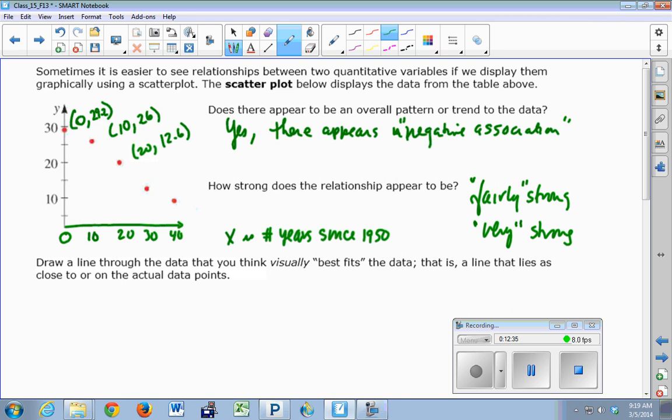You're not going to be able to hit them all because they don't fall in a perfect straight line, and that's not our goal. But you draw your own straight line through that data the way that you think it fits the data the best. And I'm going to do my line, and then we'll see how close we get to the actual line. All right, so you just draw a line through, eyeball it. It's called the eyeball method.